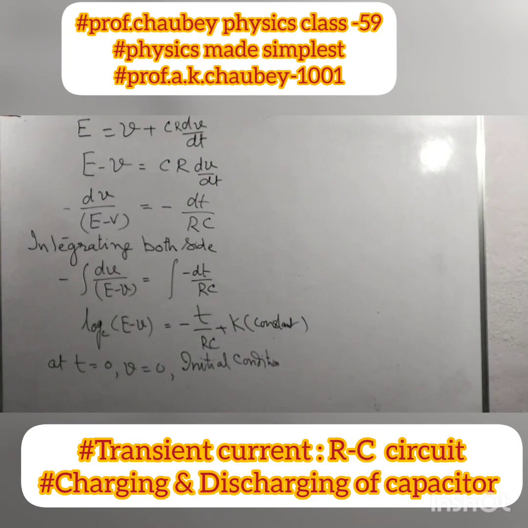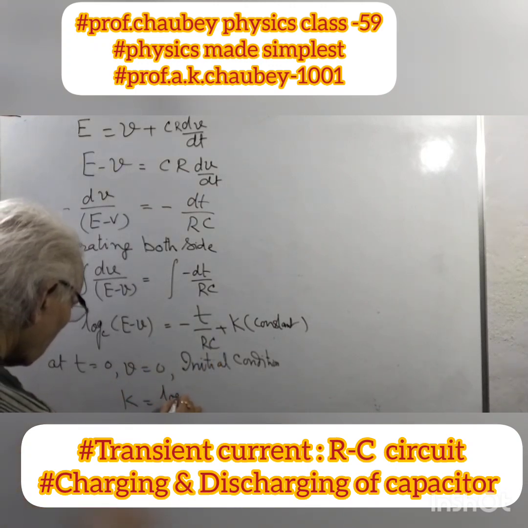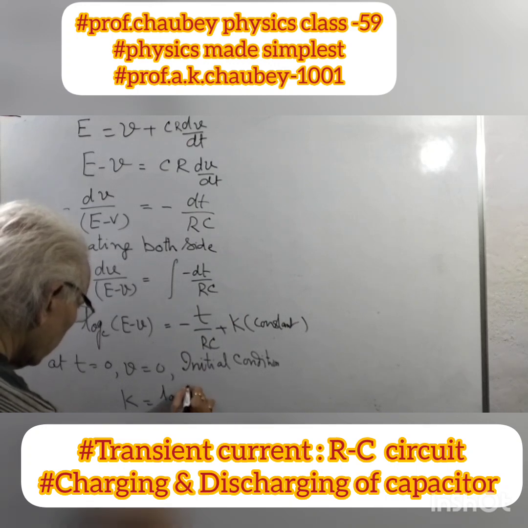Applying this initial condition, t equal to 0 and V equal to 0, log E is remaining, so K is equal to log of E.